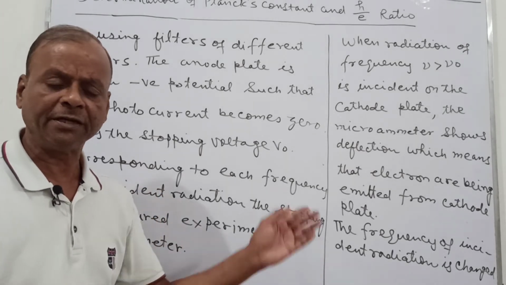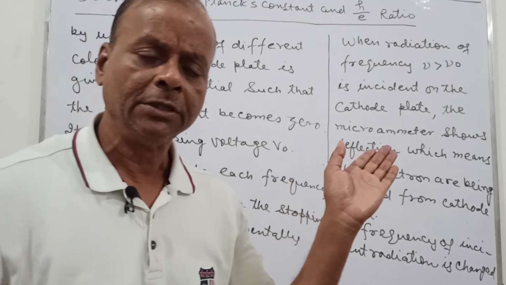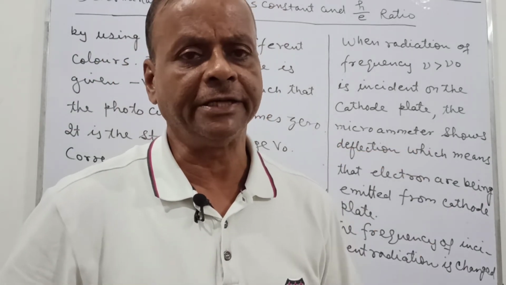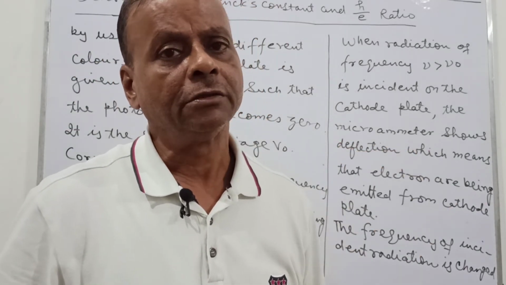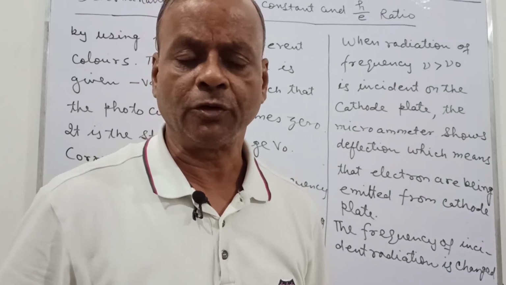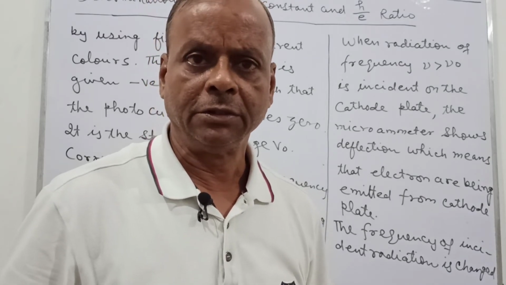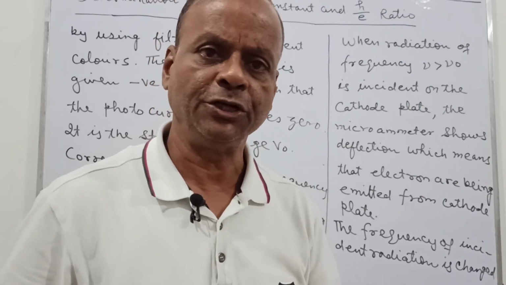Now we have a number of frequencies and the stopping voltage, and then we plot a graph of V0 versus nu.